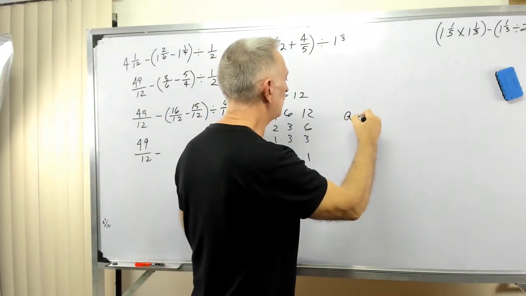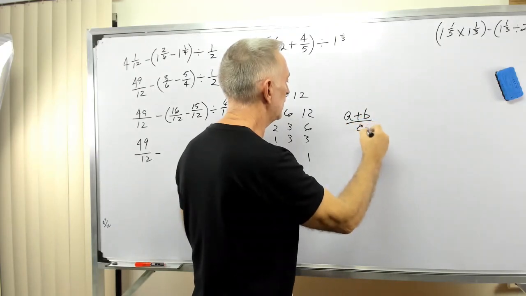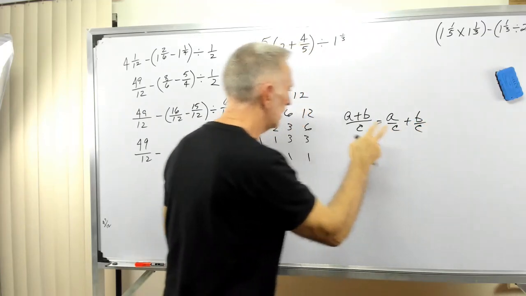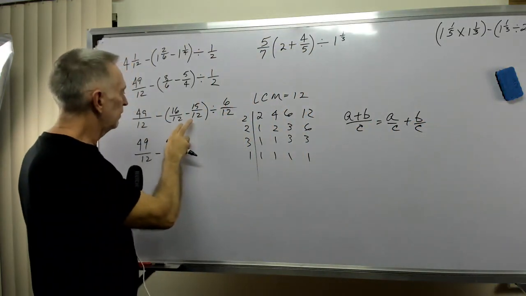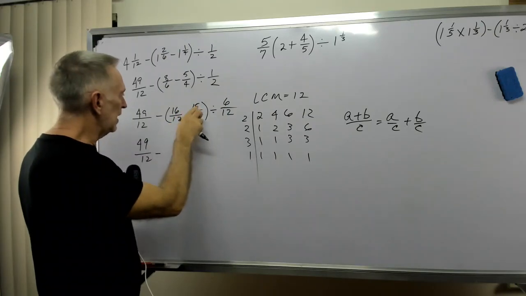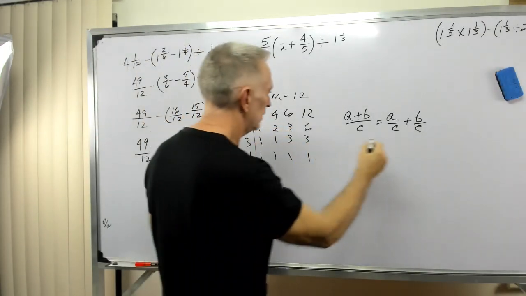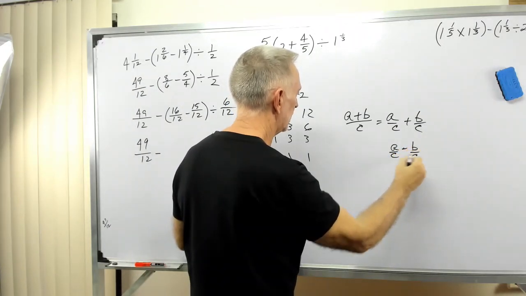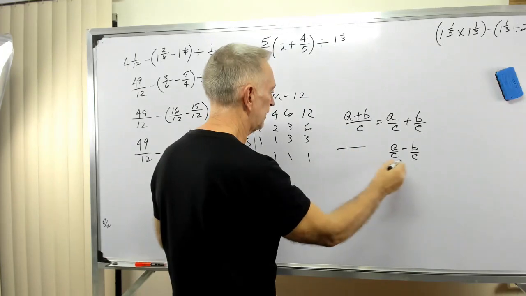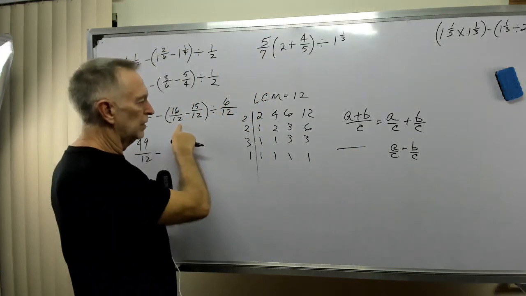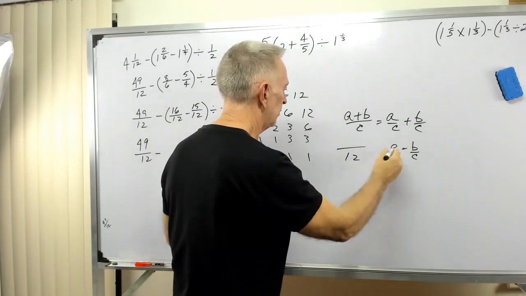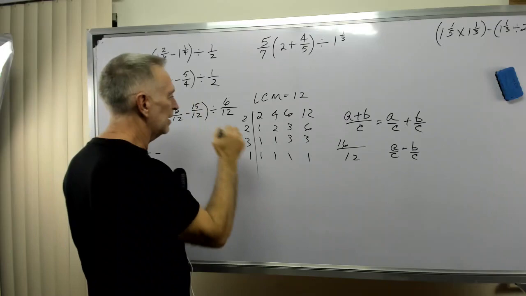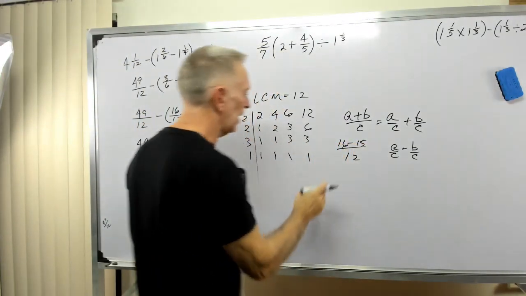If I have A plus B over C, that's the same as A over C plus B over C. Now in my case, I have A over C minus B over C. C in my case is 12. My A is 16. The B is my 15.